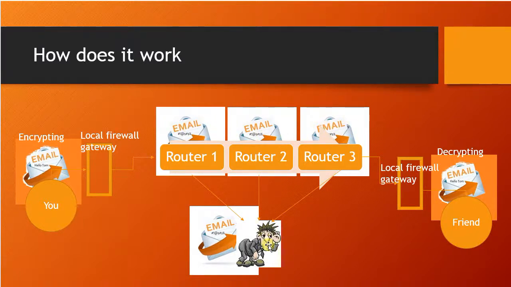So even if bad guys are listening and monitoring, they only get the encrypted email, which means nothing to them. Once it reaches your friend's client, your friend is able to decrypt the email, so they will see the content again. So this is what encryption can do for you.